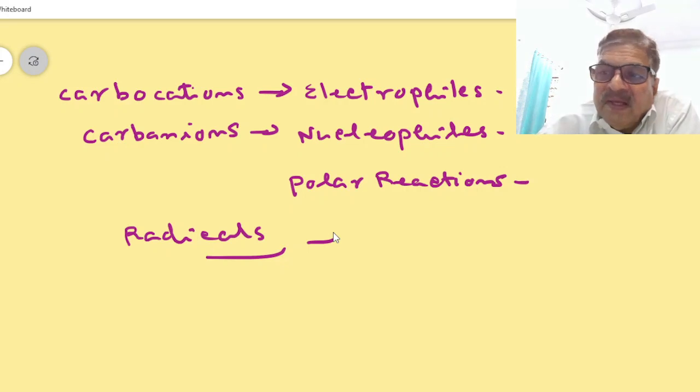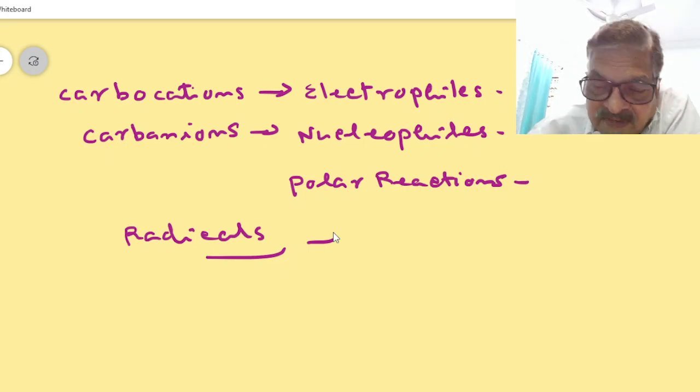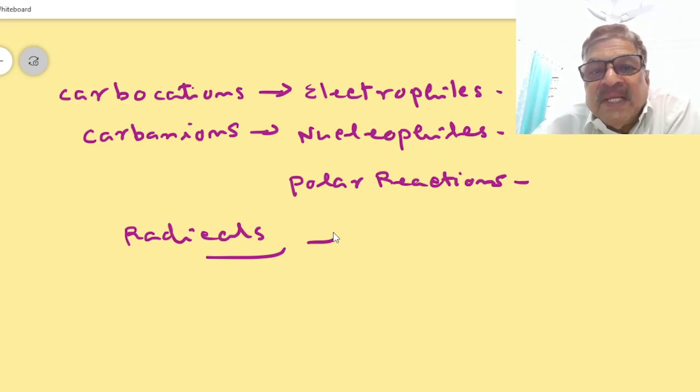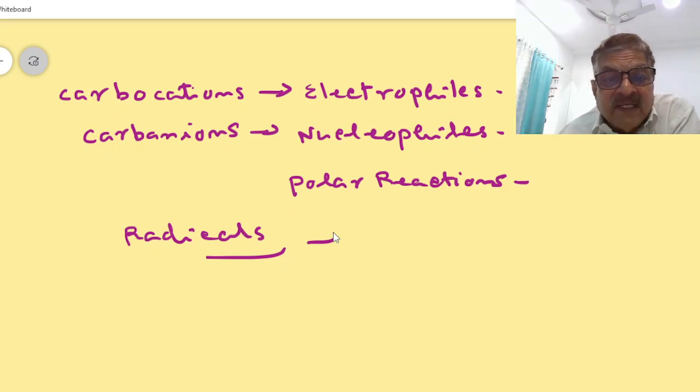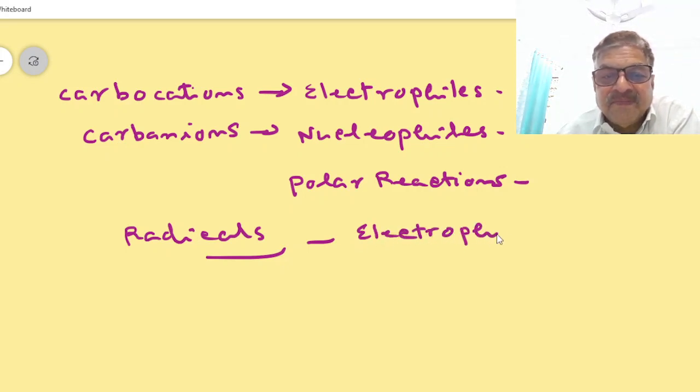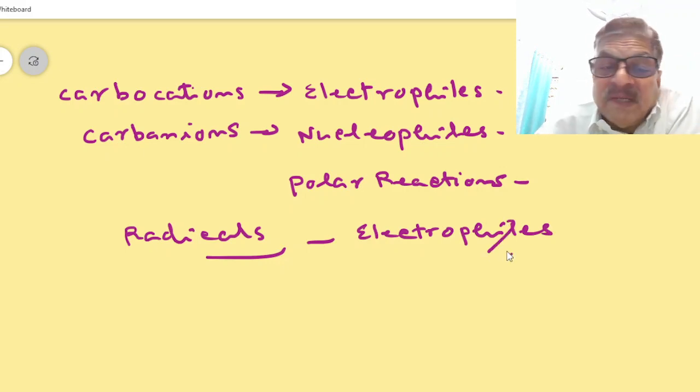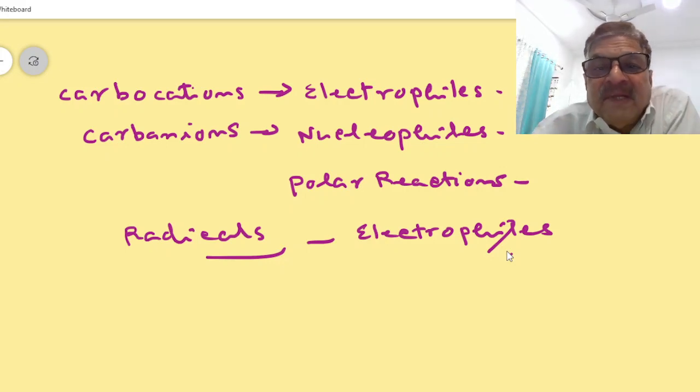Now we know radicals and carbocations are electrophiles. Carbocations are electrophiles, and radicals are also electrophiles because they don't have an octet. They want more electrons. Radicals and carbocations are electrophiles since they contain an electron deficient carbon.